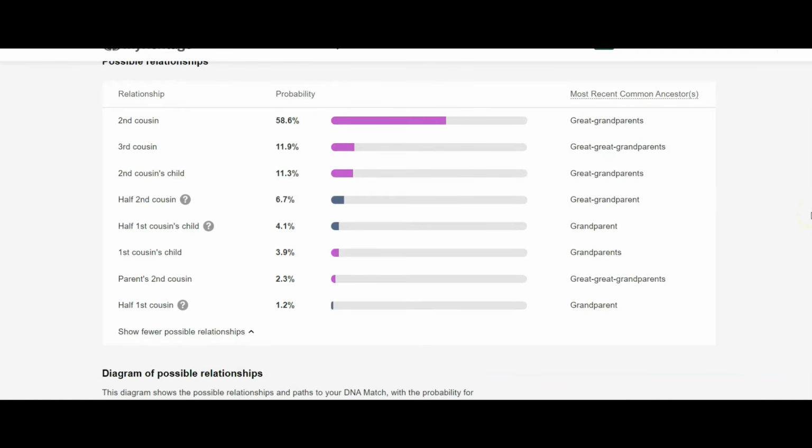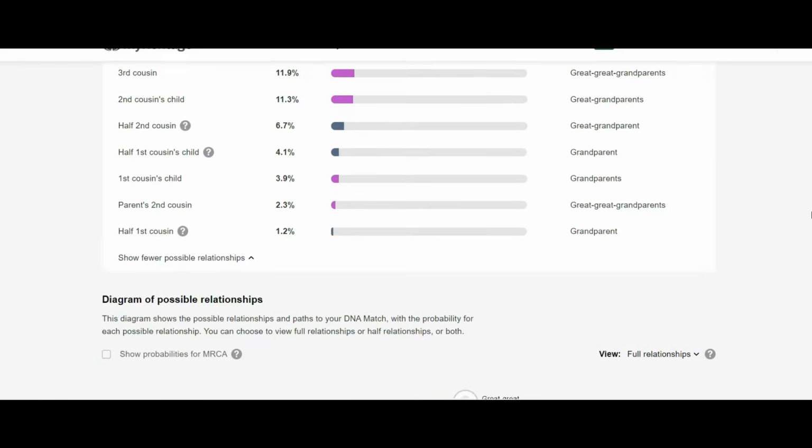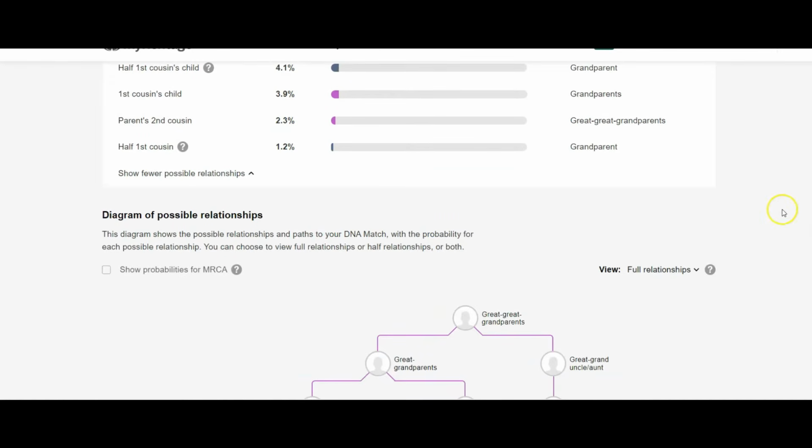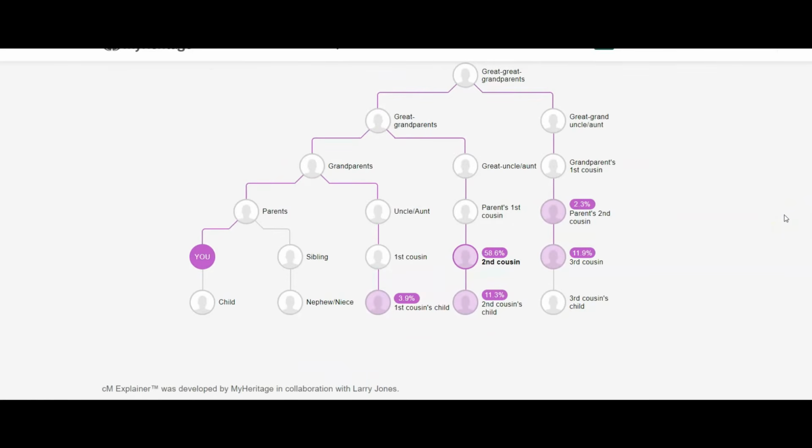Now, in this case, it happened to be someone that had an adopted parent, and so I did have to contact her, but we did figure out how we connected. It also gives you, if you're not sure exactly how that relationship could fit in a tree, the various paths that it could be. So here's me, and then we go down this path or this path, and there's that second cousin one, or it could be this path as well.